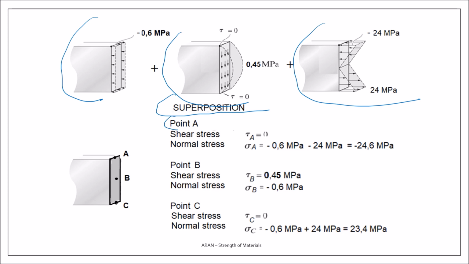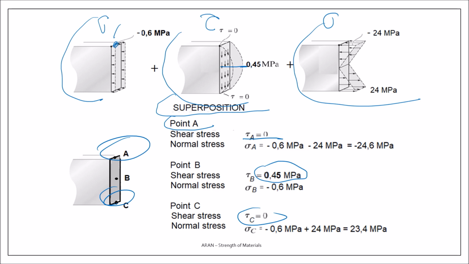If I take point A, this point, as sigma, this is sigma, this is tau, and this is sigma. So shear stress in point A is 0. And in B, shear stress is 0.45. In C over here, shear is 0. What about the sigmas? For A, I have minus 0.6, minus 24, minus 24.6.